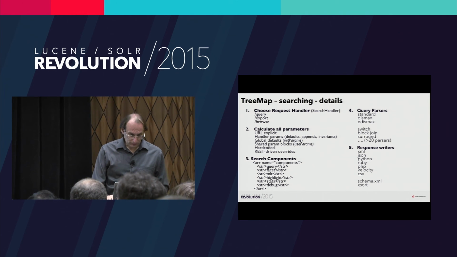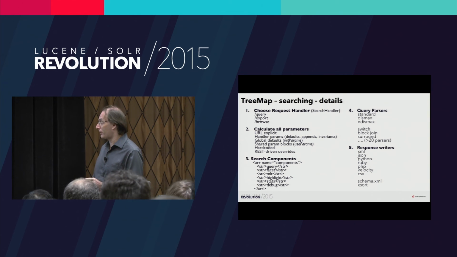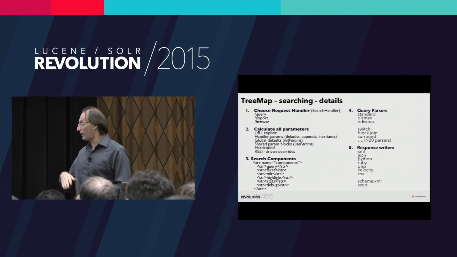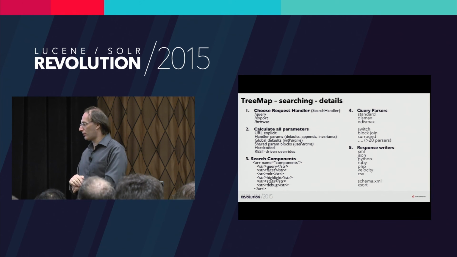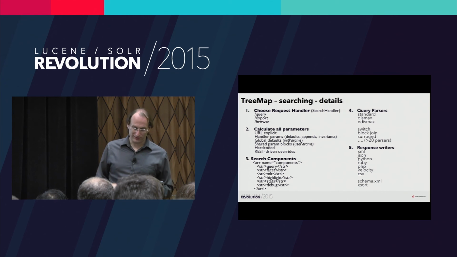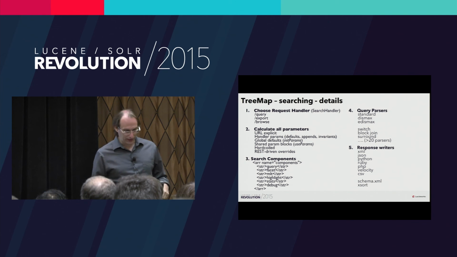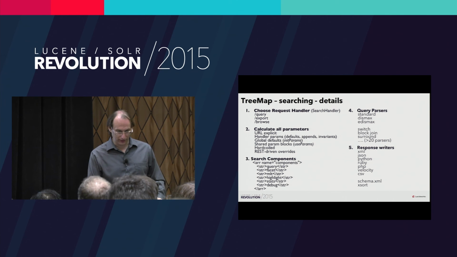Okay? And finally, you have response writers, which is XML, JSON, but there is also Python, Ruby, PHP, Velocity, CSV, and there are a couple of semi-magical ones, which are schema.xml and xslt, and I don't think you can connect to them as easily, but they are there. They are for special cases kind of thing.